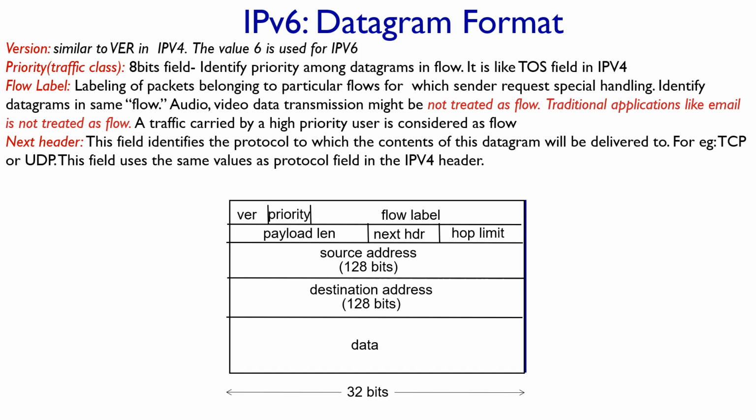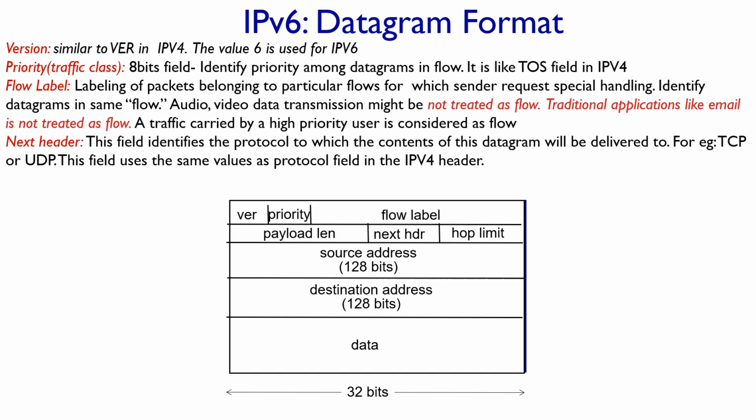As we explained in the previous video, the version must be either IPv4 or IPv6 for both the sender and the receiver. Only then can they exchange the data datagrams.